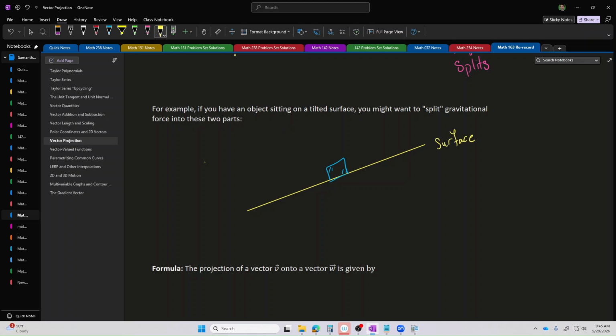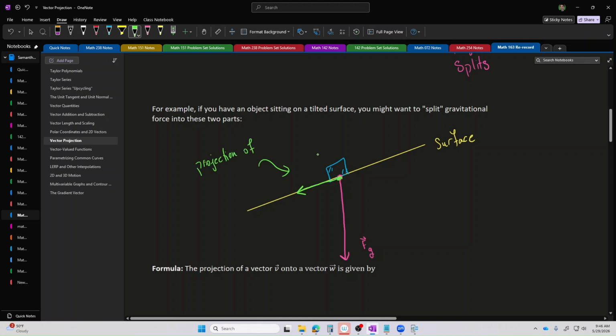If I think about gravitational force acting on this object, it would point straight down, the way it always does. Let me call this vector F sub g for gravity. I might want to take this gravitational force vector and split it into two parts. One portion of gravitational force that's parallel to the surface, and then another sort of leftover extra portion that's perpendicular to the surface.